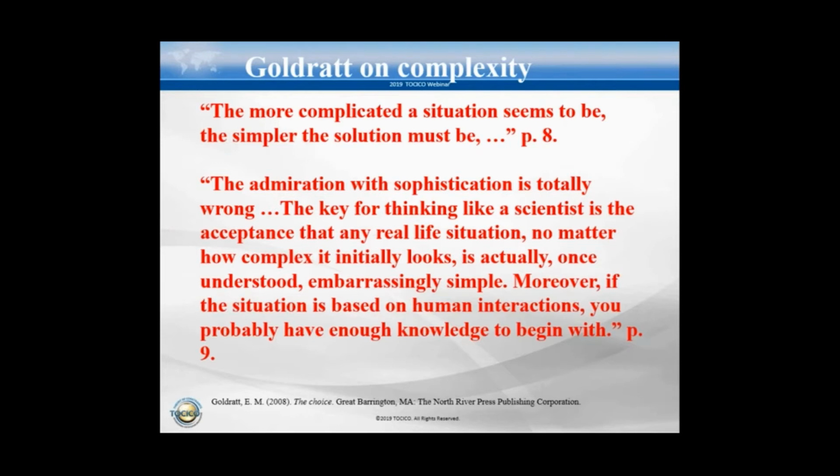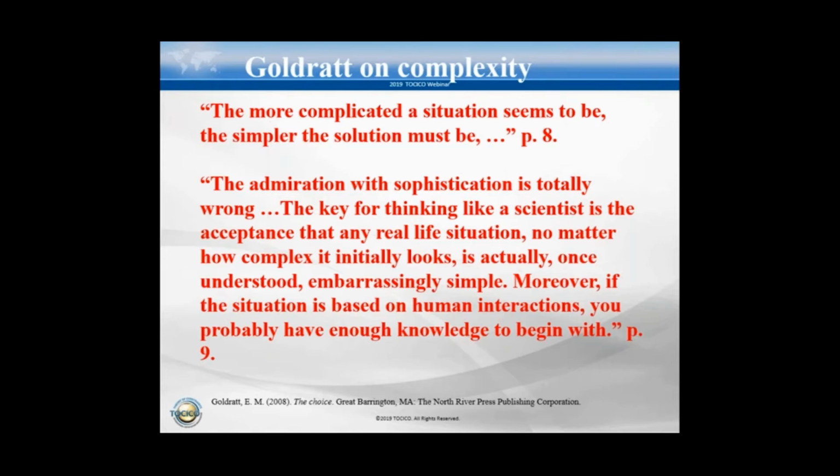Goldratt, in talking about this complexity, his view is the more complex the situation seems to be, the simpler the solution must be. He goes on, the admiration with sophistication is totally wrong.